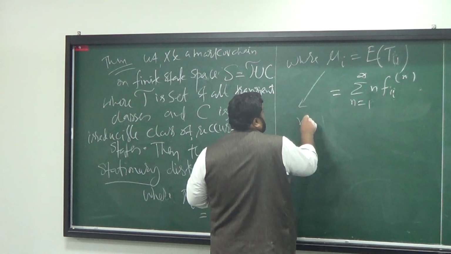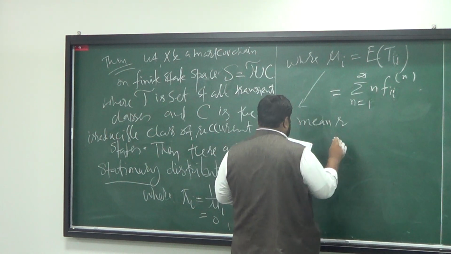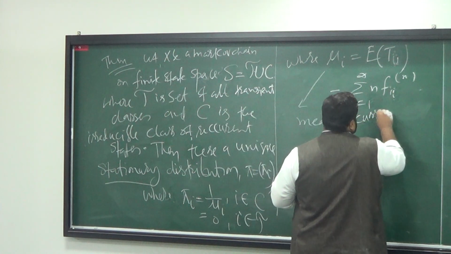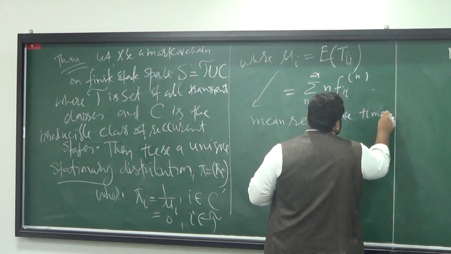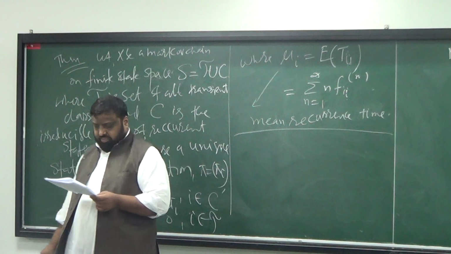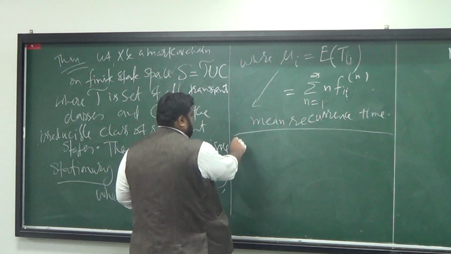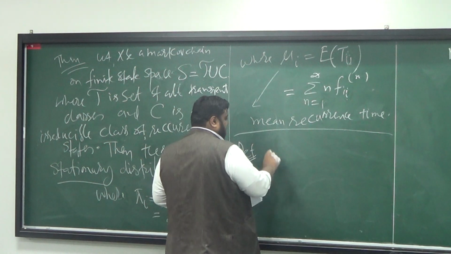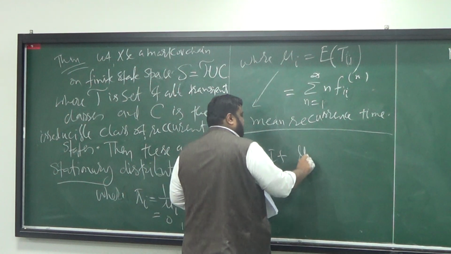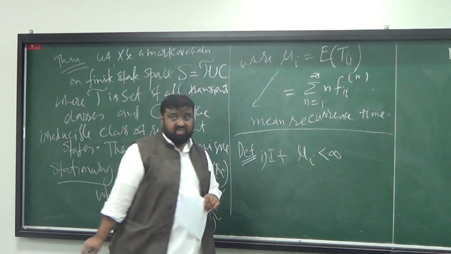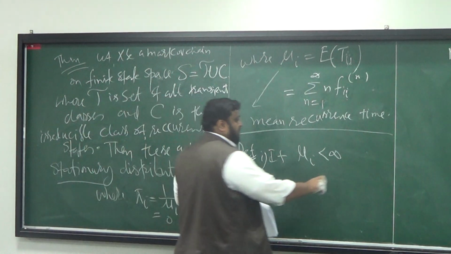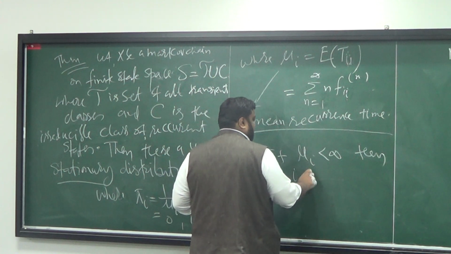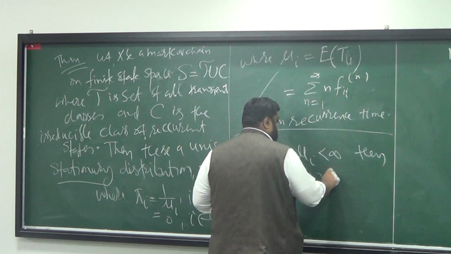This mu I is also called the mean recurrence time, so the average recurrence time. Basic definition: if this average return time is finite, then for the state I, I will call such a state I positive recurrent.